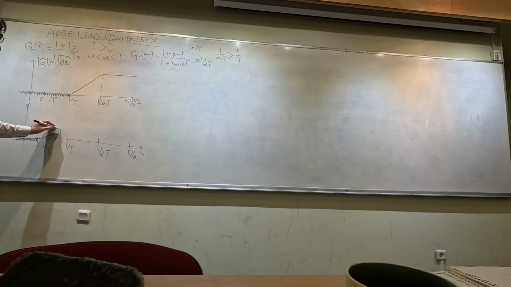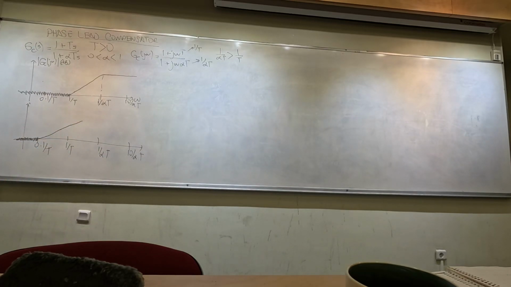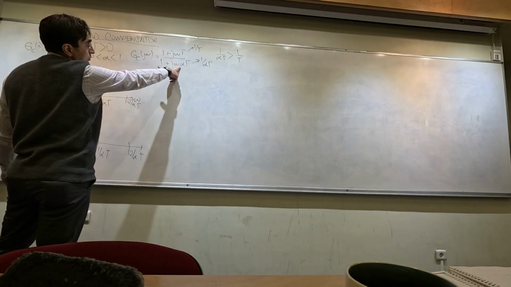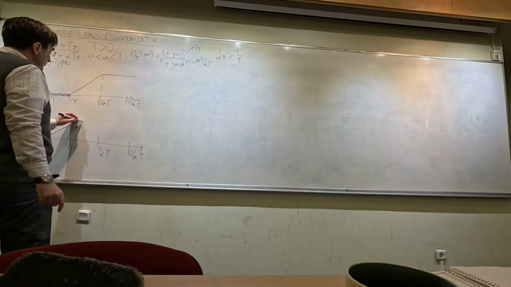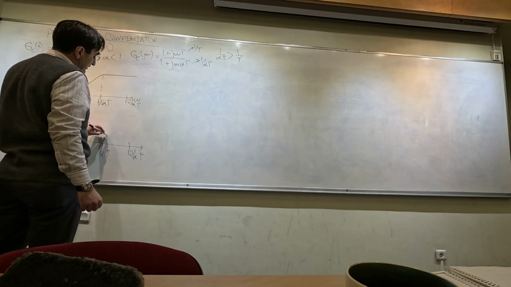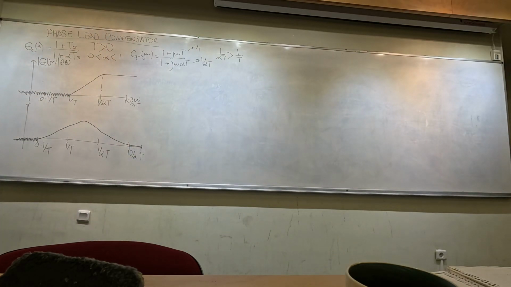The increase can continue for some time, but afterwards we get close to the corner frequency of the 1 over alpha T term, which makes the phase get smaller and smaller, and we get 0 phase again when the frequency is large. Okay? So this is the Bode plot of the phase lead compensator.